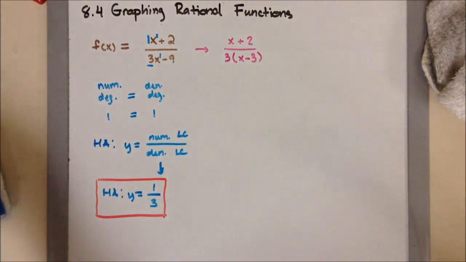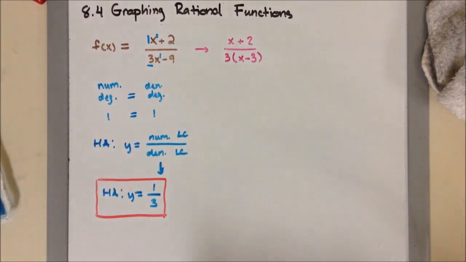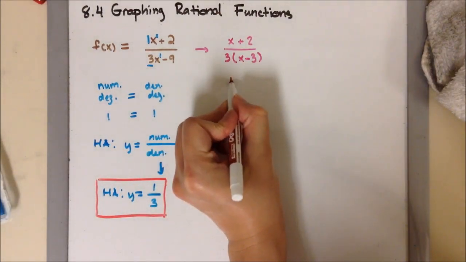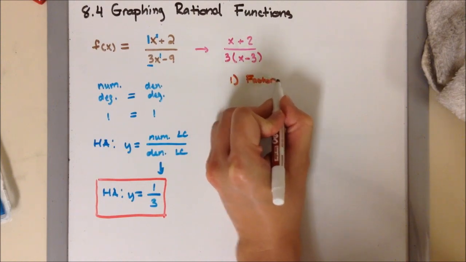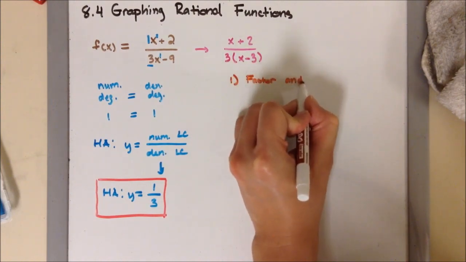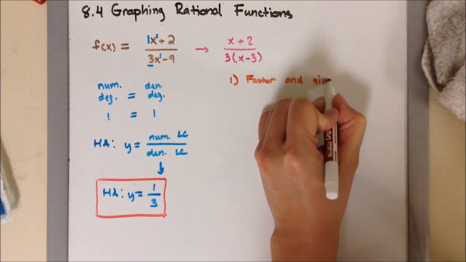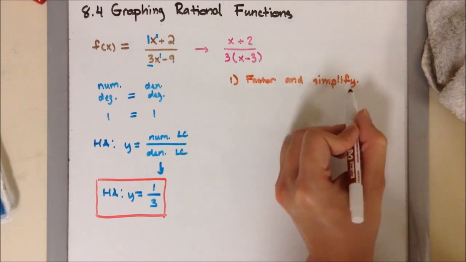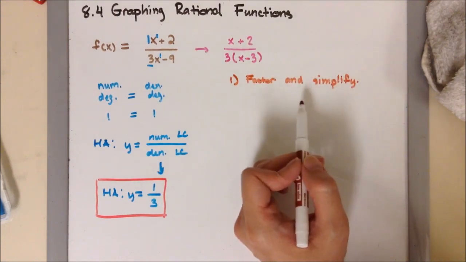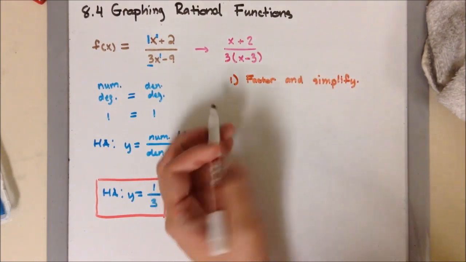Now the rules for finding vertical asymptote. Step 1, factor and simplify. What I mean by simplify is you divide common factors, cross out common factors.